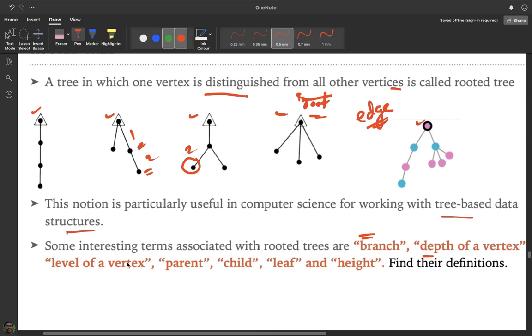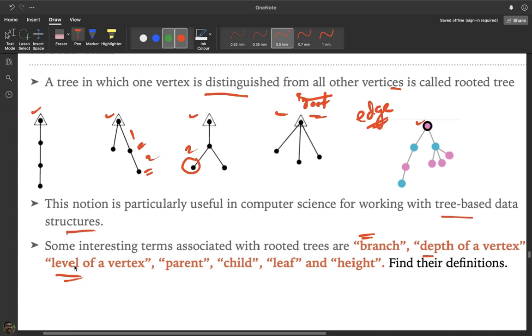Similarly there is another concept called the level of a vertex. In many textbooks they have defined it differently. In some textbooks, it is the number of vertices between the root and the concerned vertex. However, in our textbook we define level as the same as depth.